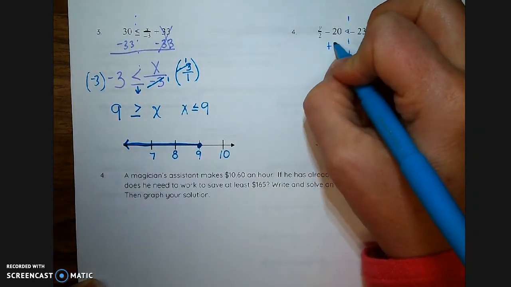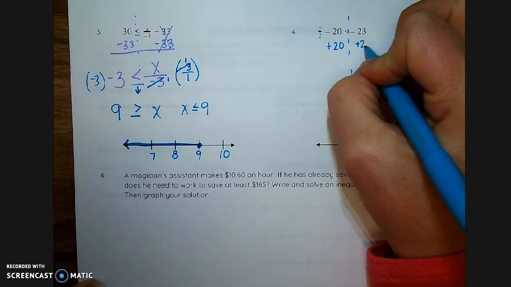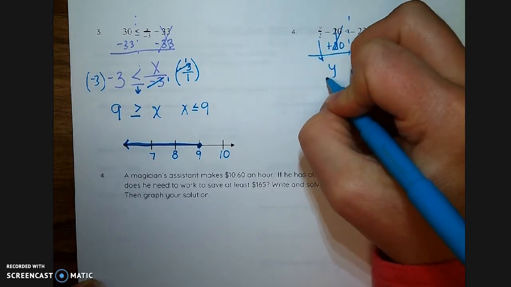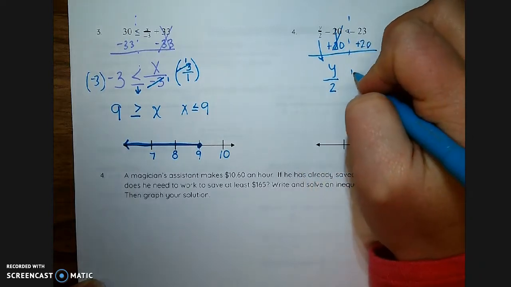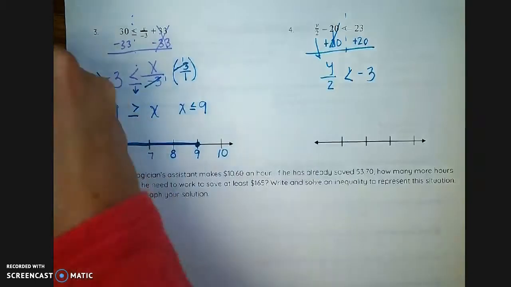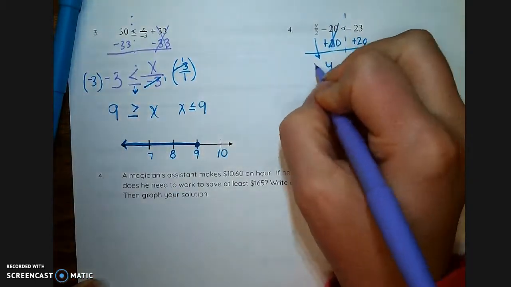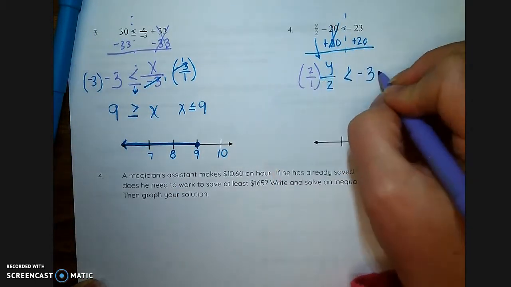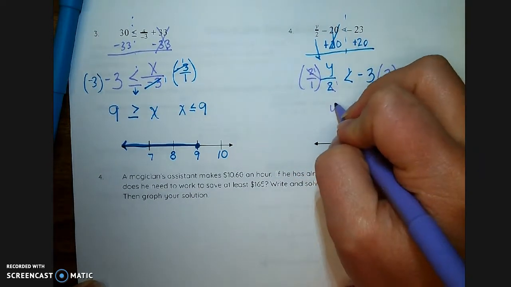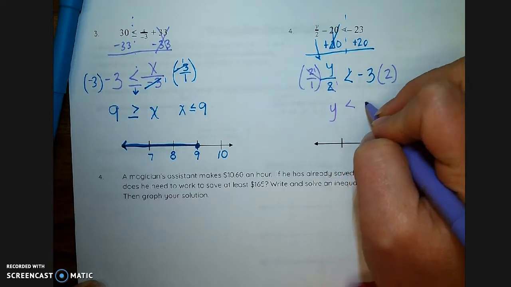Next problem over here. I need to add 20 to both sides. My variable is being divided again, but this time it's being divided by a positive number, which means I'm going to multiply by a positive number, which means I do not flip the sign.